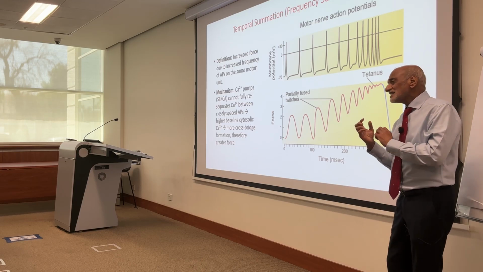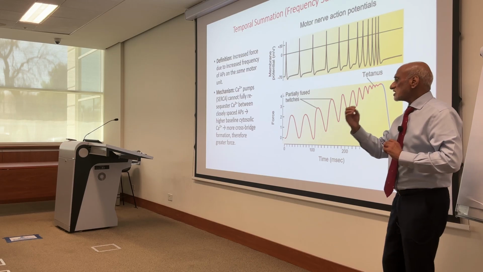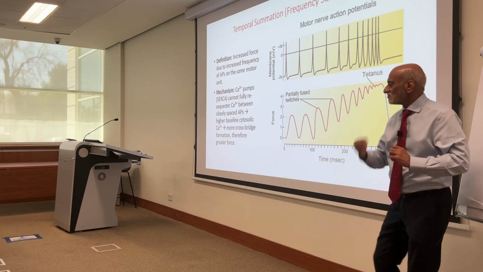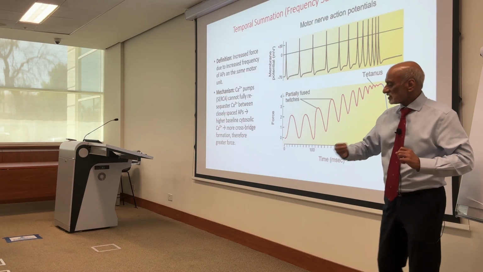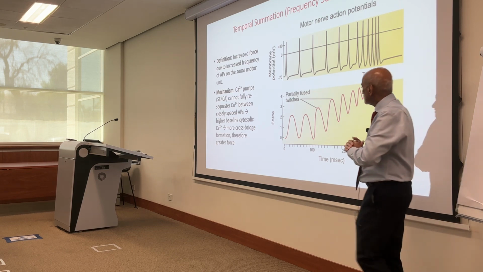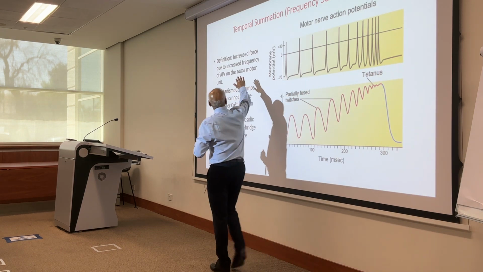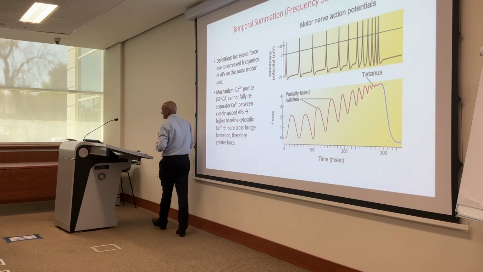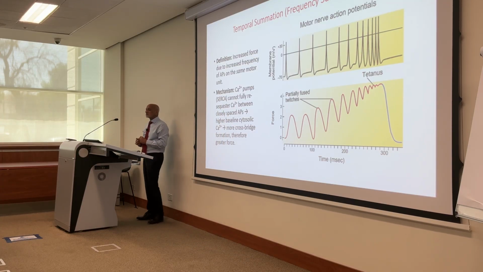Another way of saying that is the sarcoplasmic reticulum is not working fast enough to pump the calcium back in and allow relaxation. Okay? So, again, increased force due to increased numbers of action potentials.